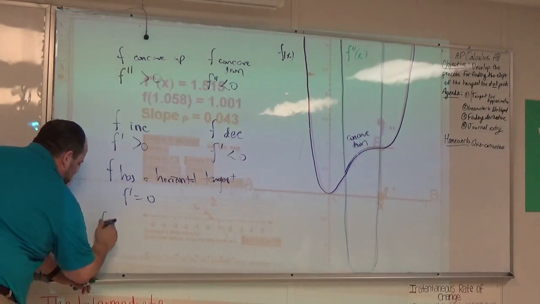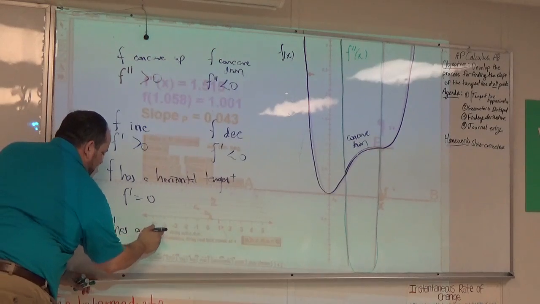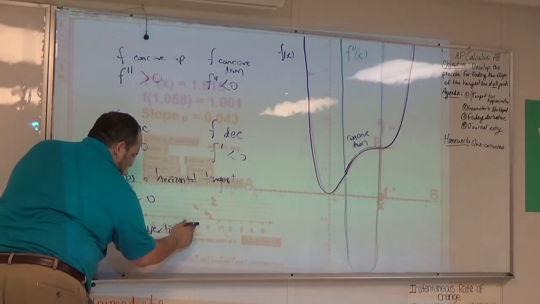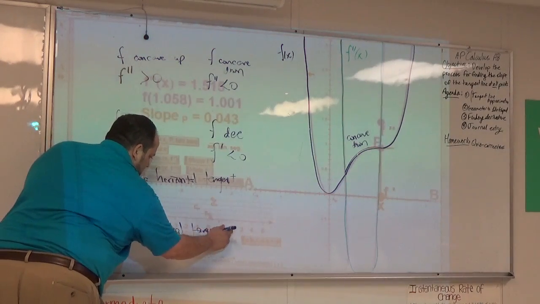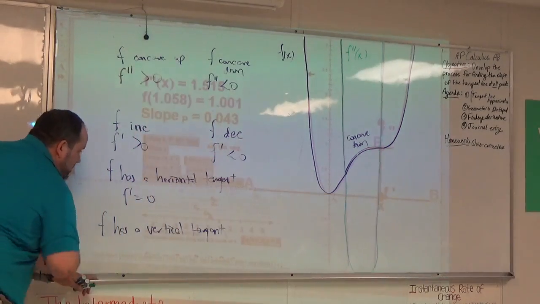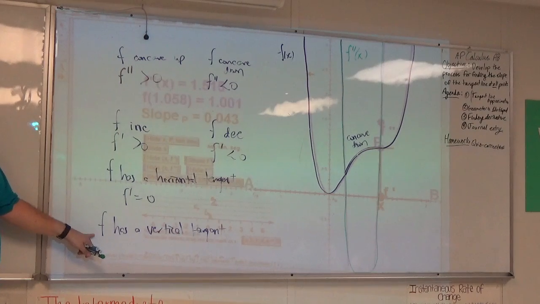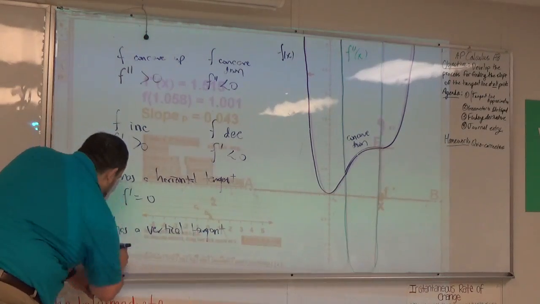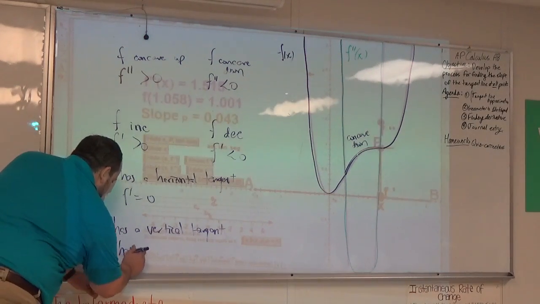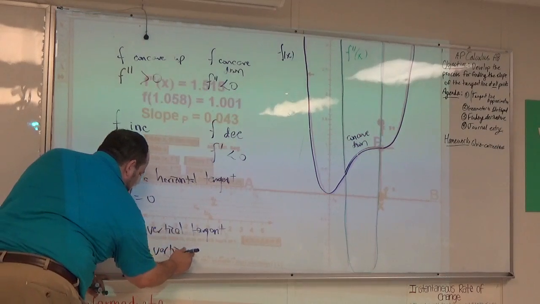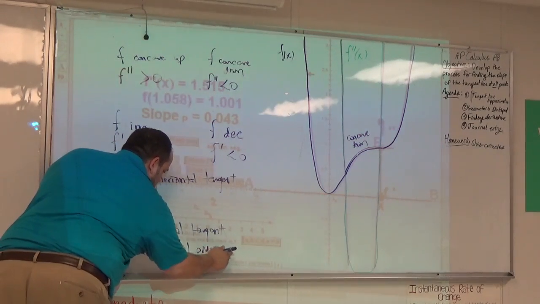And the last one said if f has a vertical tangent line, what's the thing that we know? Then f prime doesn't exist. f prime has a vertical asymptote.